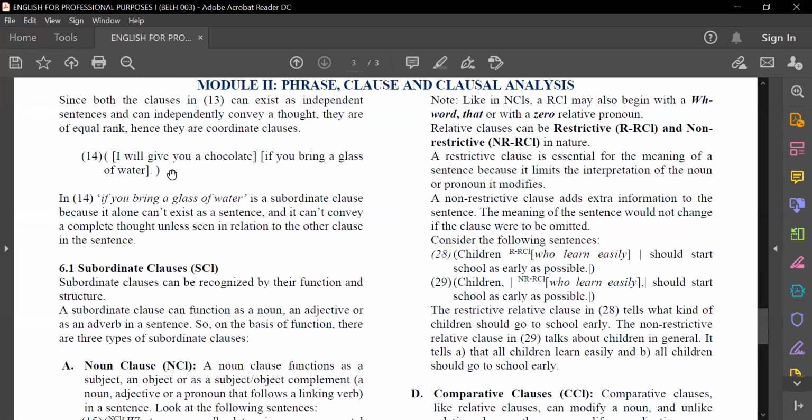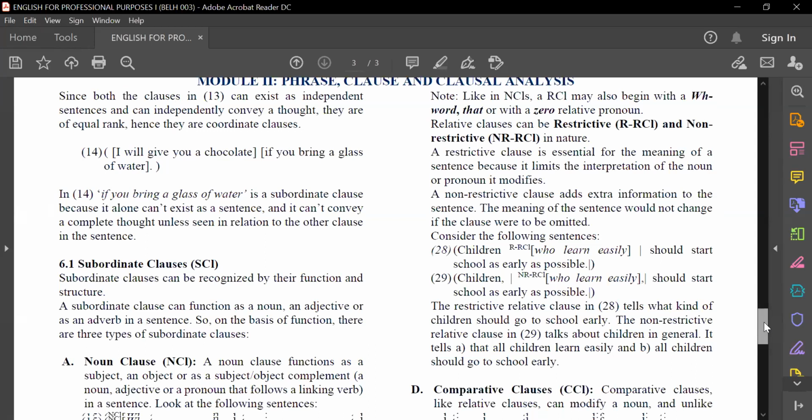So we have a dependent clause, which requires the first part of the sentence, which is an independent clause. Okay. So that is what you can understand if you talk about coordination and subordination.